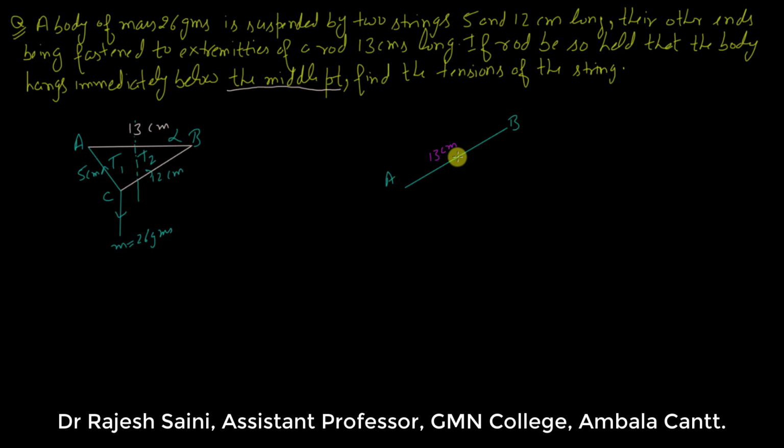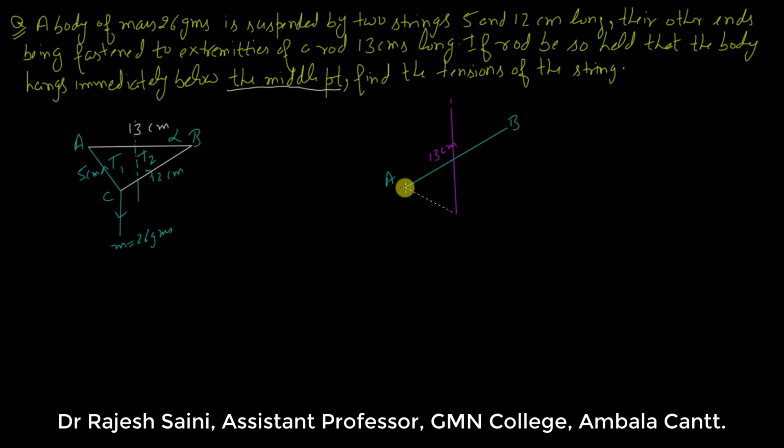If we draw a line exactly through the middle point, we'll get this line. Now if we join, this will be 5 and this will be 12. This orientation of AB will be justified. Now I am going to join these two.